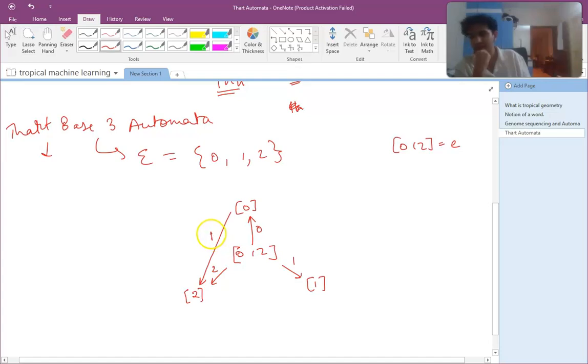No, that's not right. It's the other way around. So 2 takes me to 0, if I put 0 it takes me to 1, if I put 1 it takes me to 2. And oh dear, I've drawn it wrong.